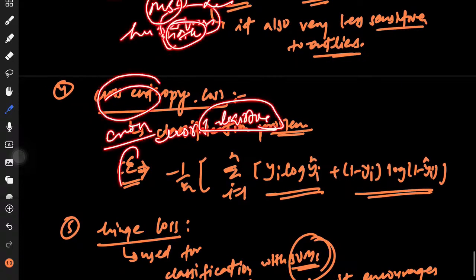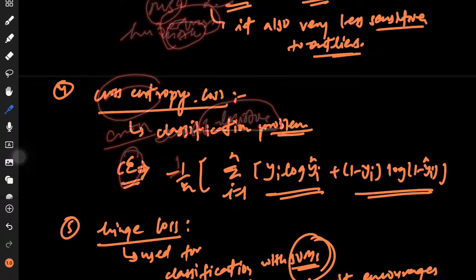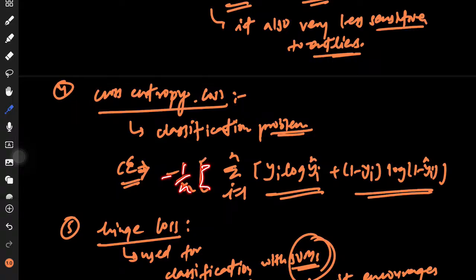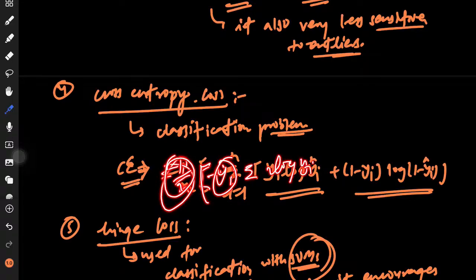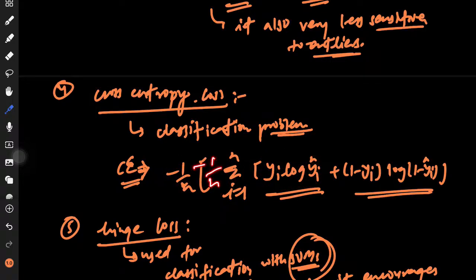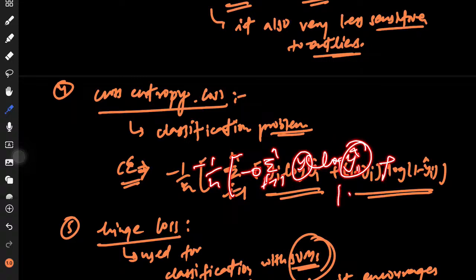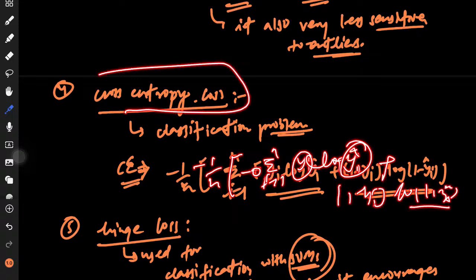The formula of cross entropy is minus 1 by n, bracket, summation of i equal to 1 to n, yi log yi predicted plus 1 minus yi log 1 minus yi predicted. So this is our cross entropy function.